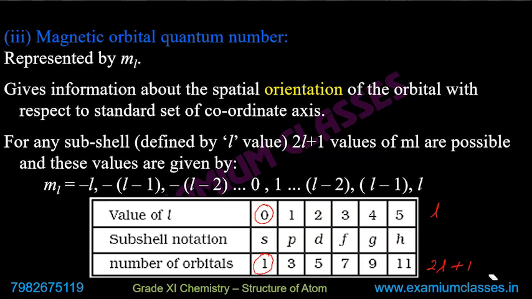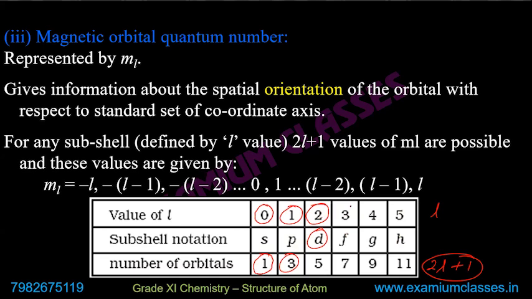These questions will appear. So if l is 1, 2l plus 1 will be 3, means there will be 3 orbitals. If l is 2, it is the d orbital. Remember, d orbital cannot be there in the first shell or second shell. It will start from the third shell.